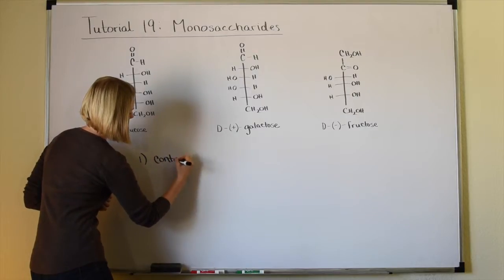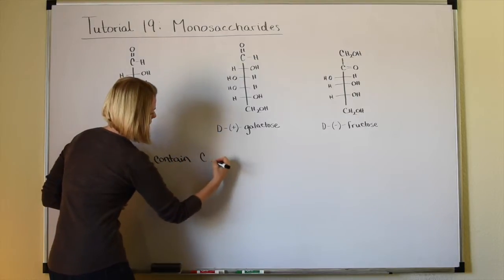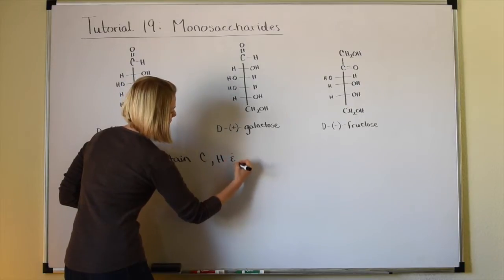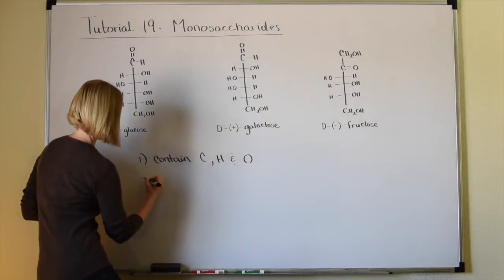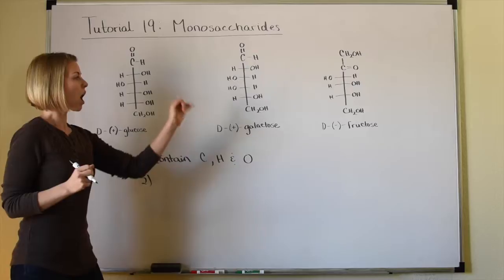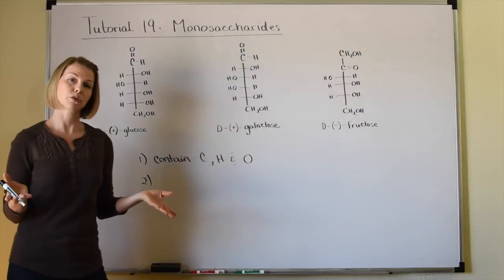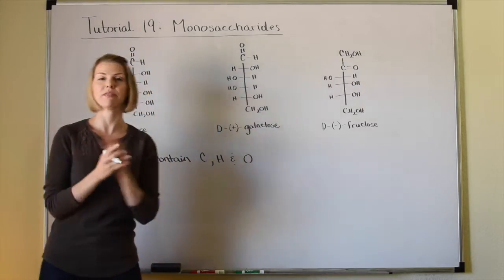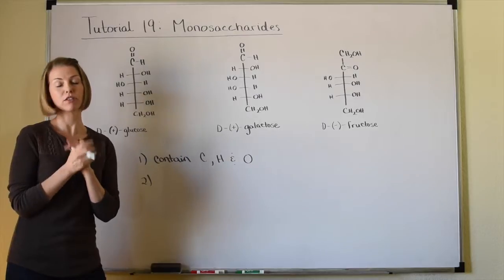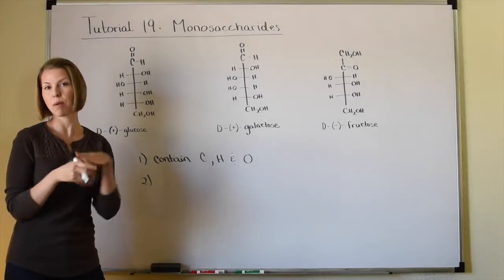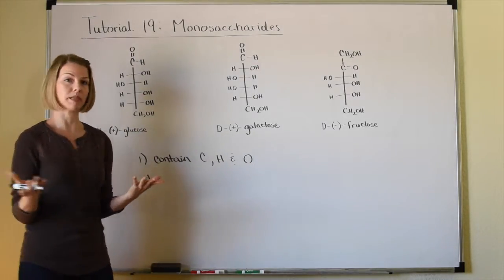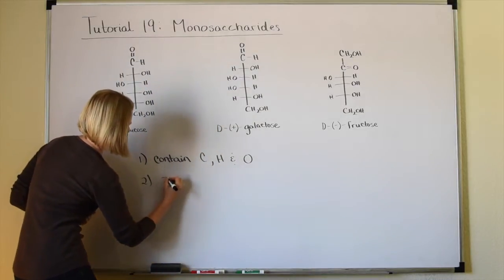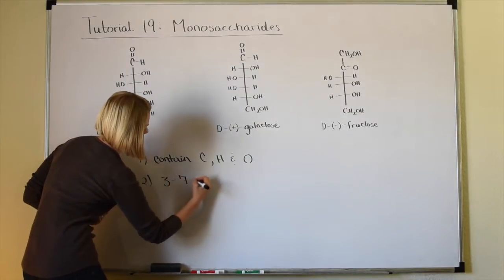Contain carbon, hydrogen, and oxygen. And although our three examples happen to contain 6 carbons specifically, a monosaccharide can contain anywhere from 3 to 7 carbons. So I'm going to write that down here, 3 to 7 carbons.